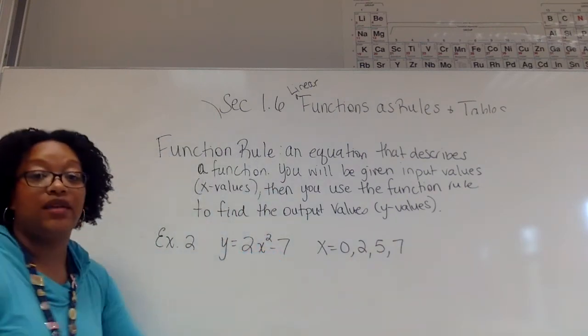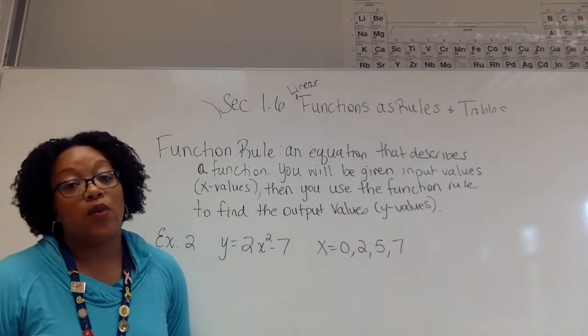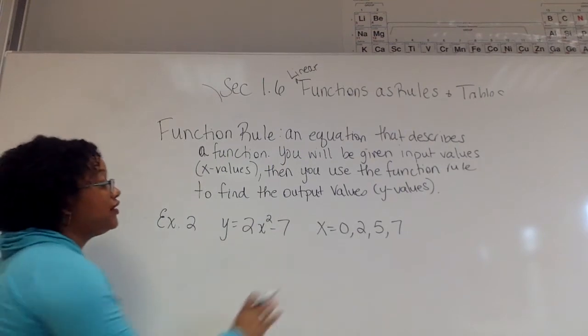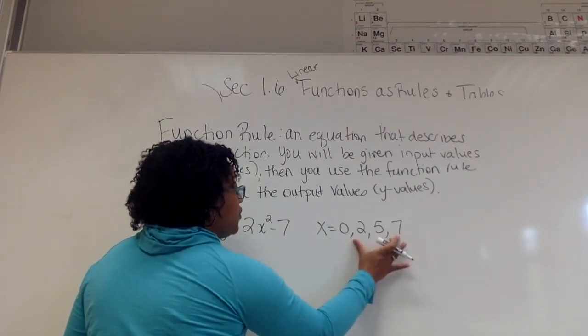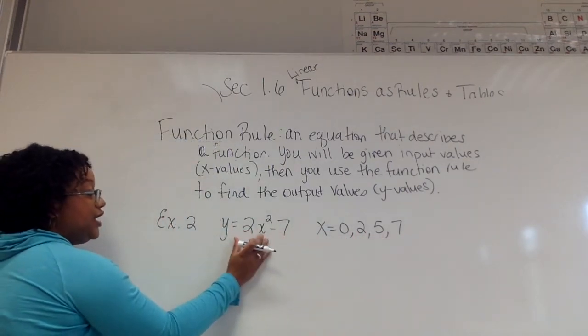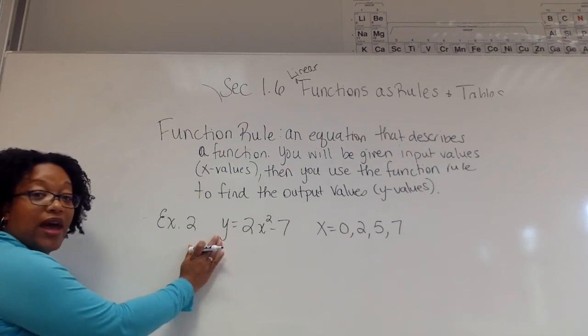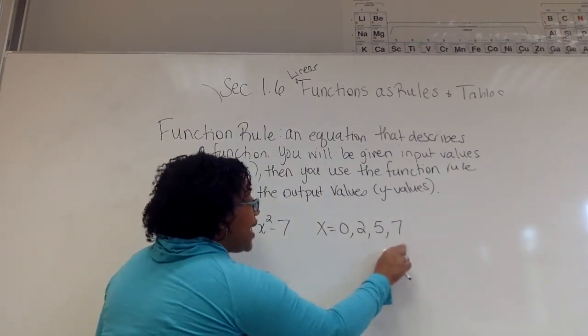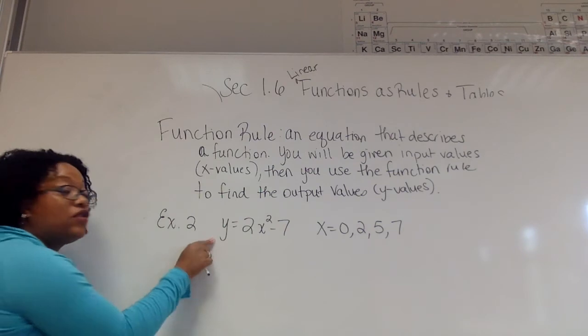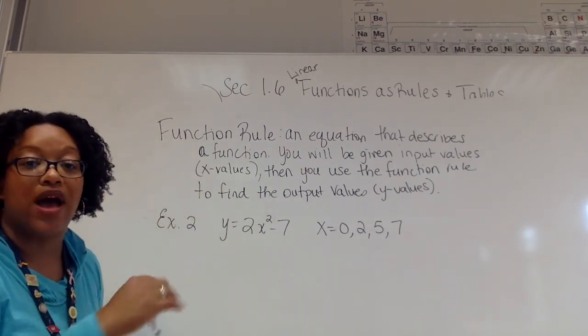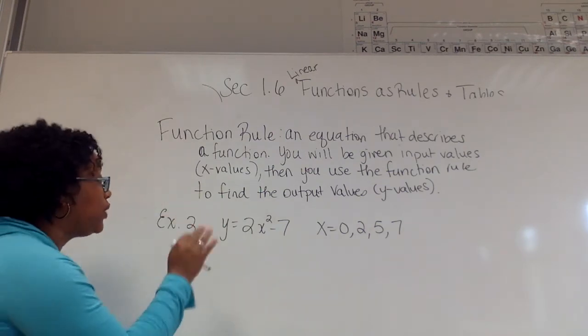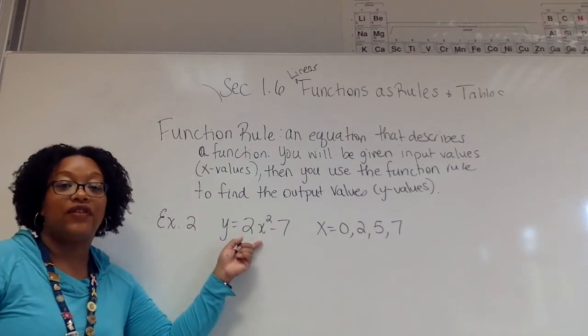So this is your input right here. So what we're going to do is take every value of x that you have here, plug it in here, and get a value for y. So if I have 4 different values here for x, your answer is going to be 4 different values for y. Easy peasy.